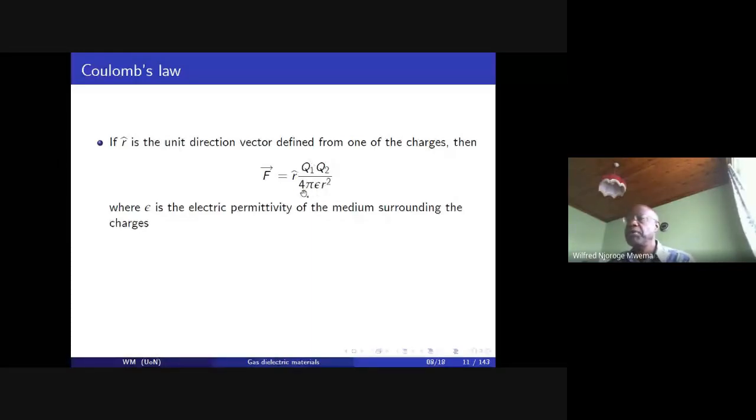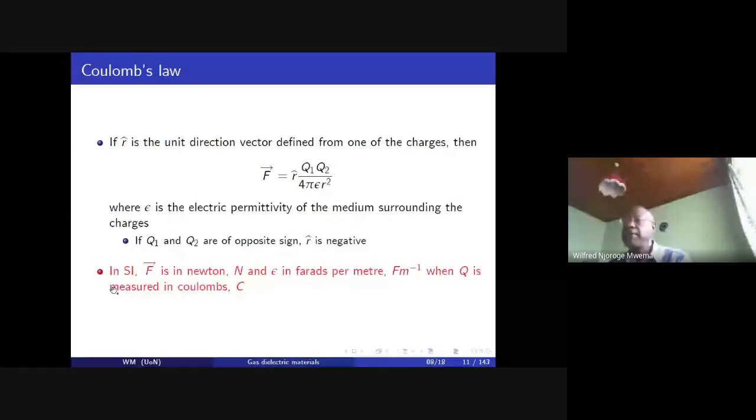Epsilon is usually referred to as the electric permittivity of the medium that surrounds the charges. And we say that if Q1 and Q2 are opposite charges, or opposite sign, then the r cap will be a negative vector.